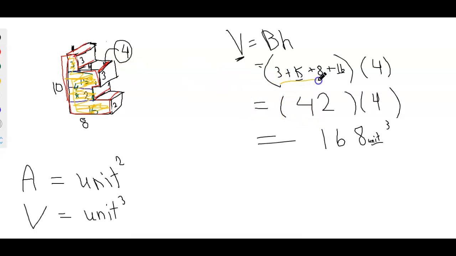There's my entire area, all those chunks added together. Then you multiply it by how far it was stretched. In this case, it was a stretch of 4. Then you take the area of your base, multiply it by 4, and because it's volume, it'll be the number units cubed.